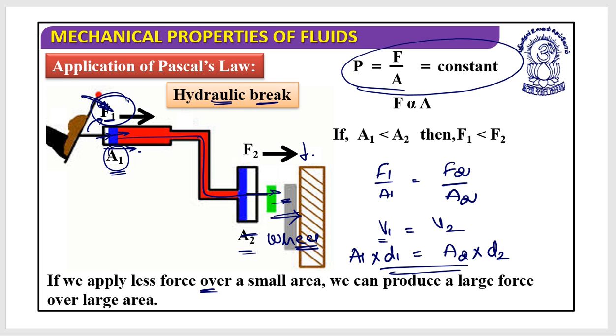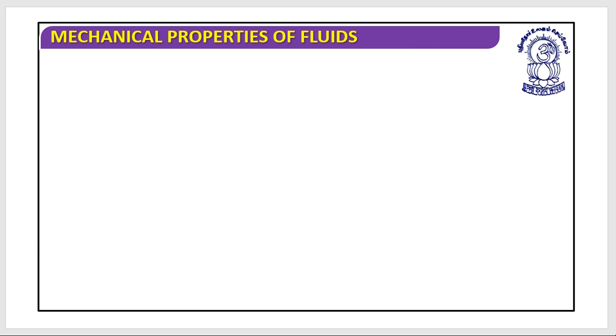So if we apply less force over a small area, we can produce a large force over a large area, that we have seen. I hope this is clear. Is it clear? Now let's work through one question based on this.